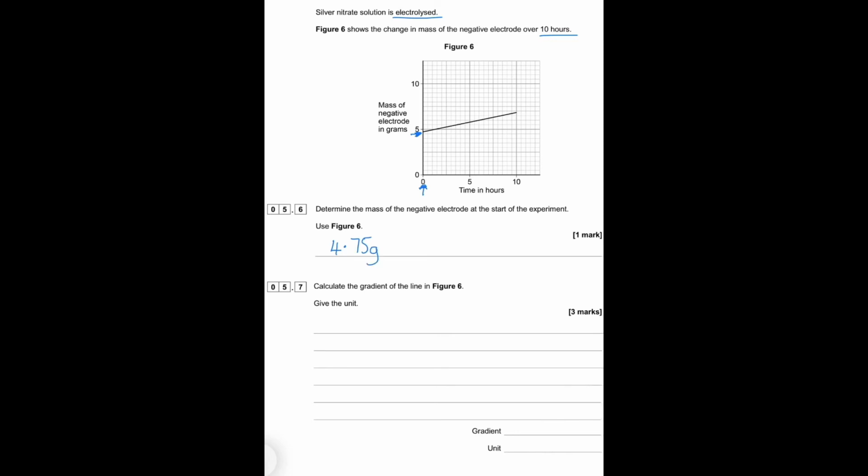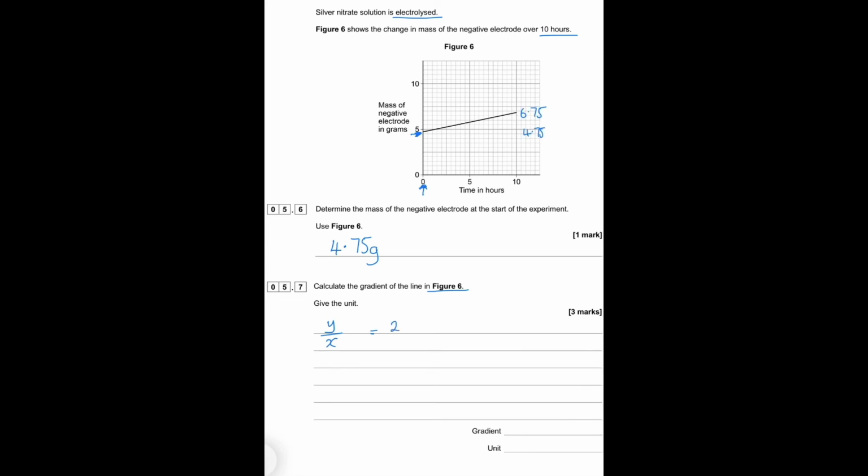Now, calculate the gradient of the line in figure 6. So the gradient is going to be the change in y divided by the change in x. So if we look at our graph, the change in y is we've gone from 4.75 to 6.75.